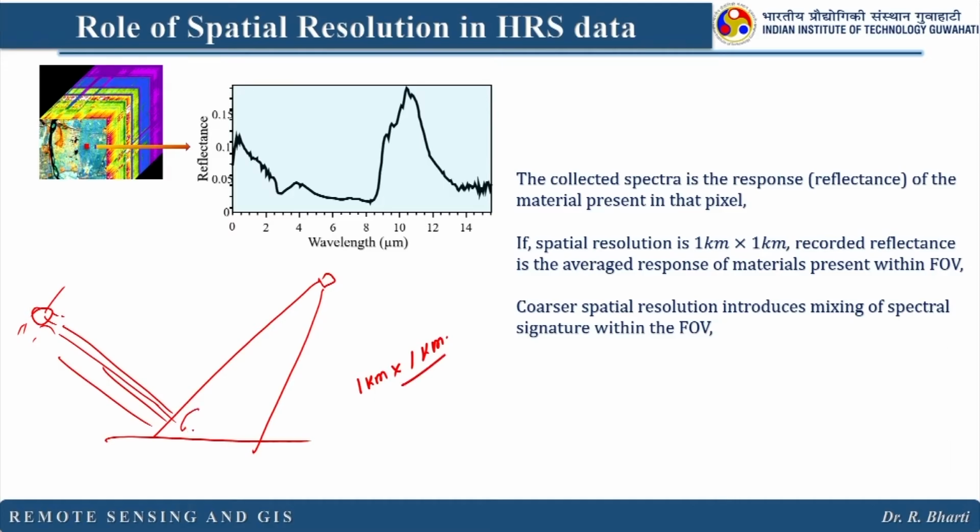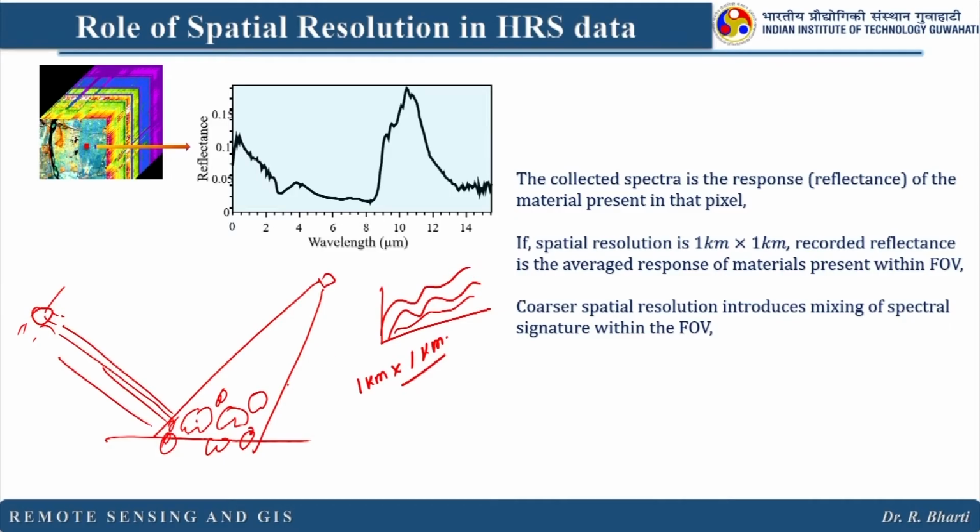You will have multiple objects or different materials present in this area, and if you illuminate them individually, you will get one individual spectra for each of these materials, right.